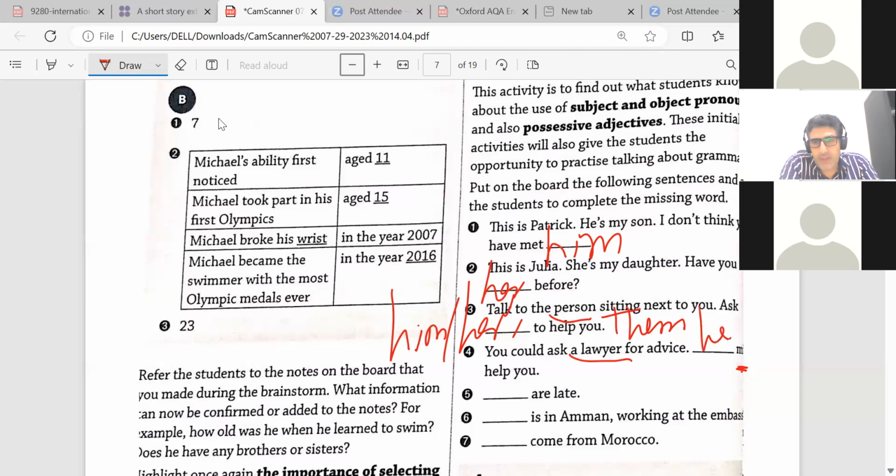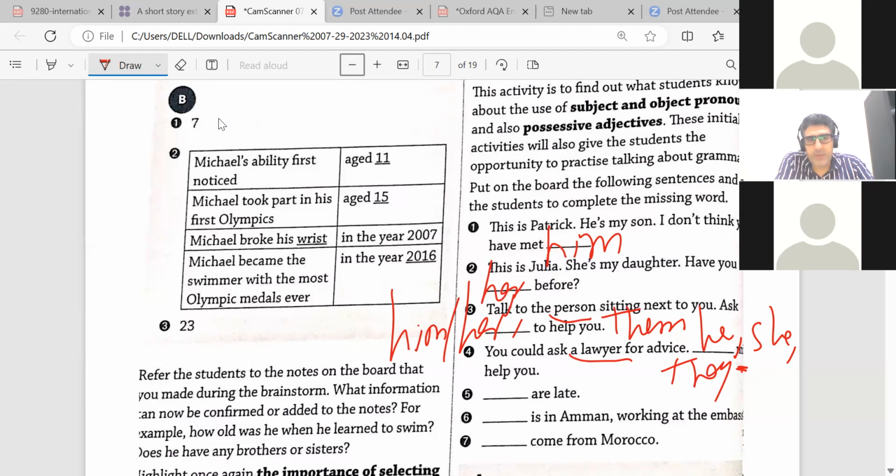So you can write he or she, or if you are not sure, man or a woman, you can say they. Okay, so here again, you have 3 correct answers. He, she, or they may help you.